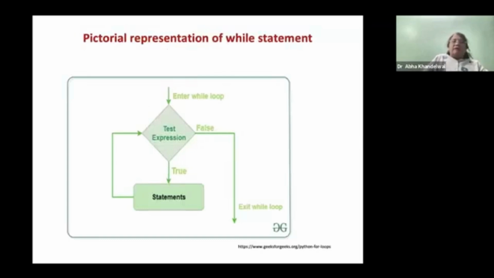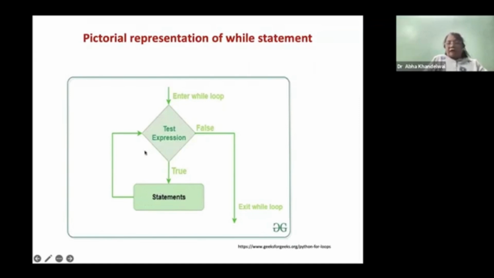So this is the pictorial representation of the while statement. When we enter into the loop, the expression is tested. That means the condition is tested. Till the condition remains true, the statements written in the loop will be executed.